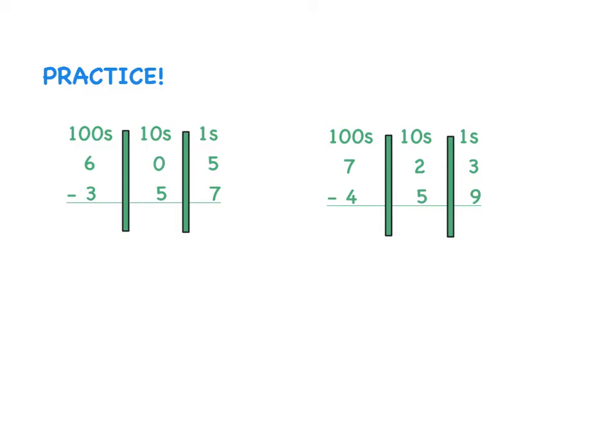I have a 0 in that column. So that means I have to travel all the way over to the hundreds. I'm going to cross that out, take a group of 100 away, and then I'm going to place that in the tens column, because remember, we can't just jump from the hundreds to the ones. We have to go one column at a time back to the right.